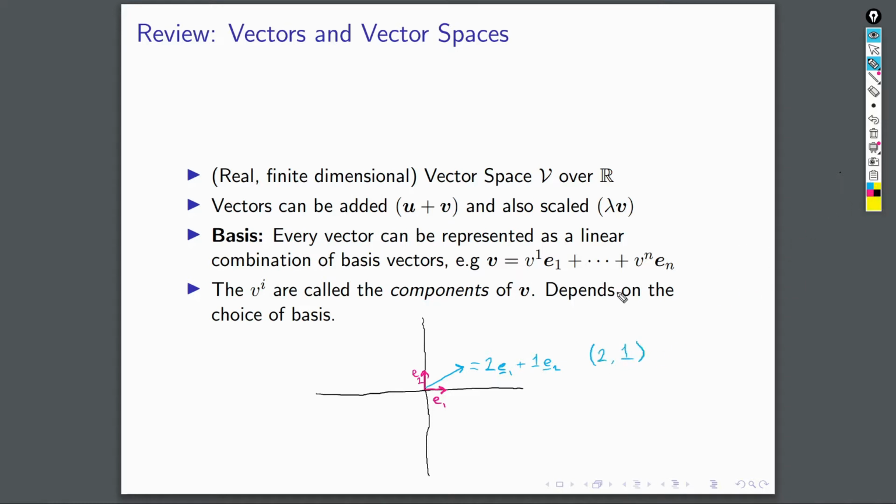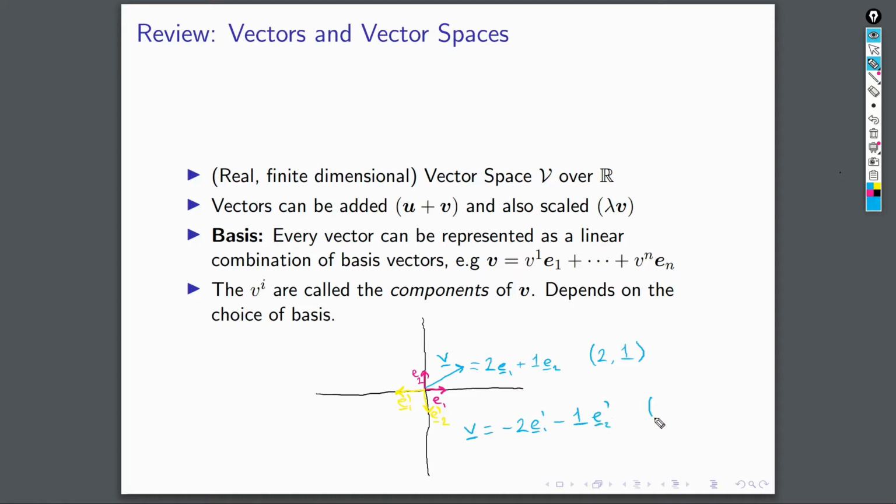On the other hand, if I take these as my basis vectors, E1 prime and E2 prime, then this same vector v is equal to negative 2 E1 prime minus 1 E2 prime.